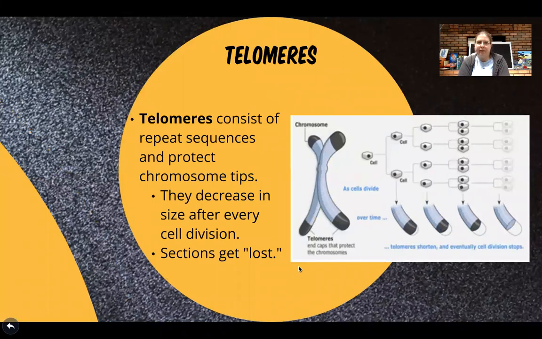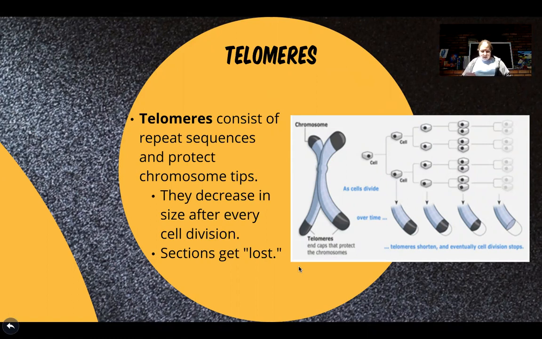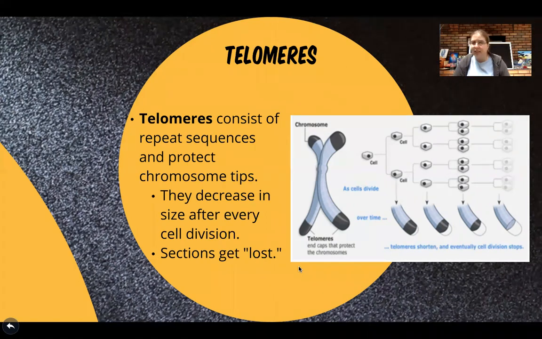Telomeres. Telomeres are at the ends of the chromosomes, and they're repeated sequences, and it's believed that they are there to help protect the genes that are located on the chromosome. So if you notice here on the picture, this is a chromosome, and the darker ends, that's where the telomeres are.